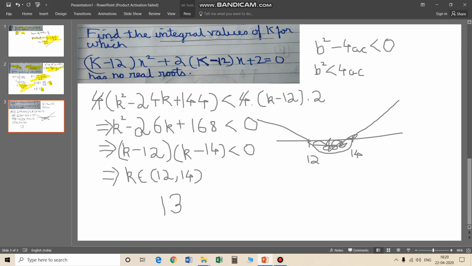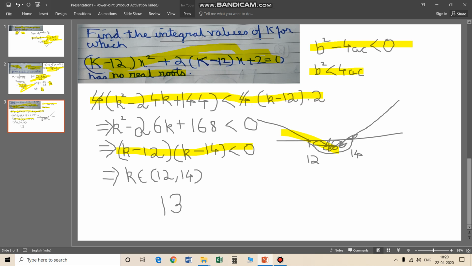Now, we were given this equation, and we are told that we had no real roots. We simply use the D less than 0 method. B square minus 4ac is D. This method I used. Simplifying, we got this.